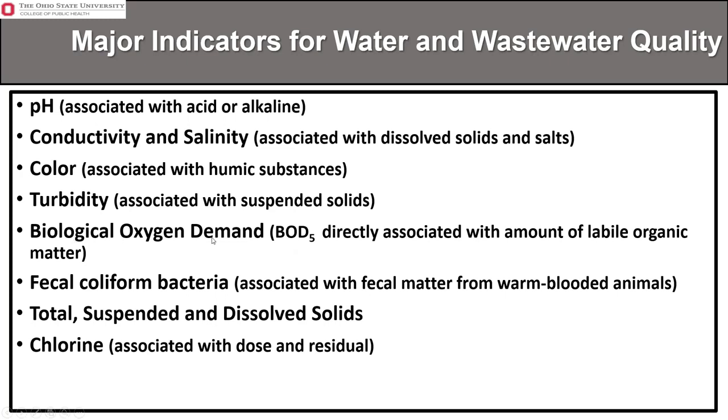You measure the biological oxygen demand. It should have declined substantially. Fecal coliform, which is an indicator organism of fecal matter from warm-blooded animals, should be low, among others, but there should also be, in the case of chlorine, if that's the disinfectant, an acceptable dose with residual.